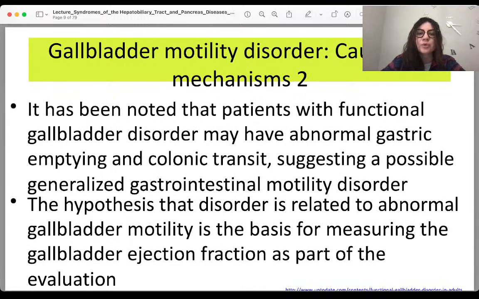It has been noted that patients with functional gallbladder disorder may have abnormal gastric emptying and colonic transit, suggesting a possible generalized gastrointestinal motility disorder. The hypothesis that the disorder is related to abnormal gallbladder motility is the basis of measuring the gallbladder ejection fraction as part of the evaluation.